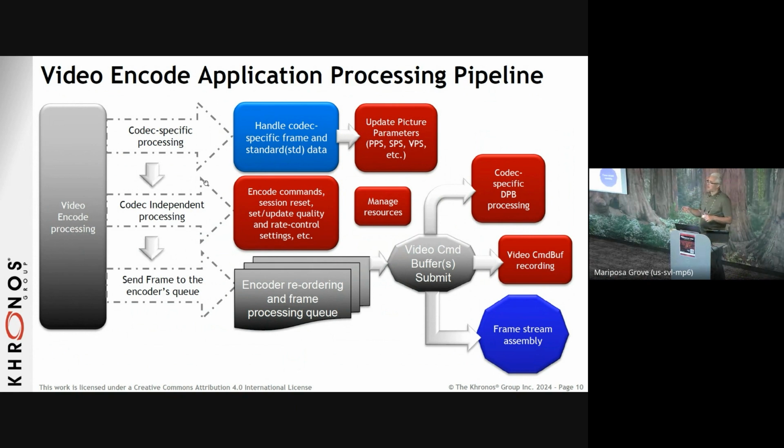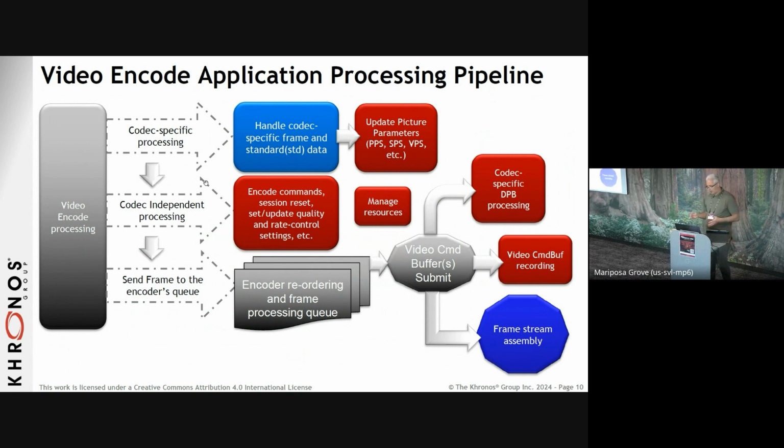So if you're, for example, an embedded device with very limited resources, you could define much smaller DPB size buffers, and you could do things like allocating memory only when you need it. If you're using, for example, high-scalability servers, then you may want to allocate a lot of resources and do them in parallel with hardware load balancing as well. So it's up to the application to deal with all this.